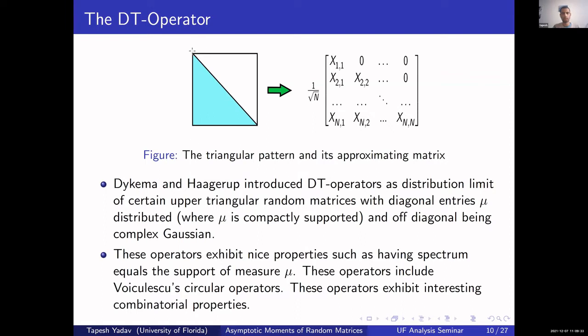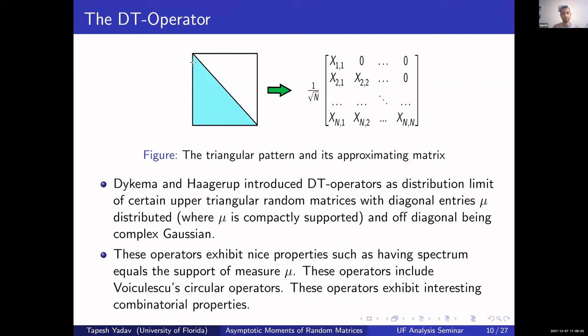These are random matrices which follow a certain pattern, which is a triangular pattern. But we asked the question, what if we give our favorite choice of shape inside a unit square?